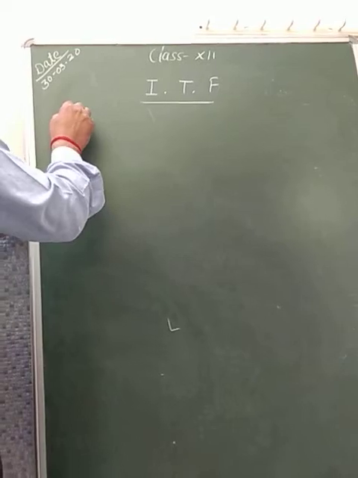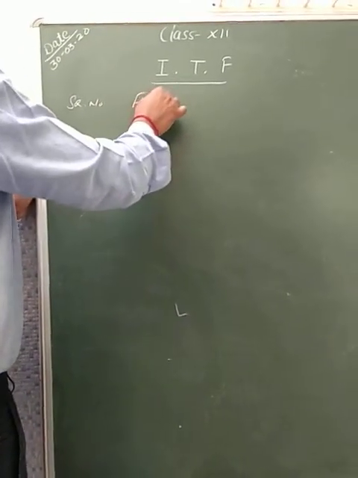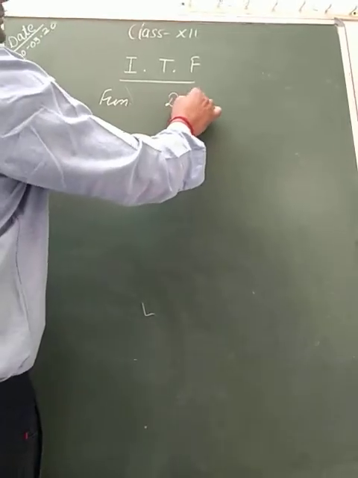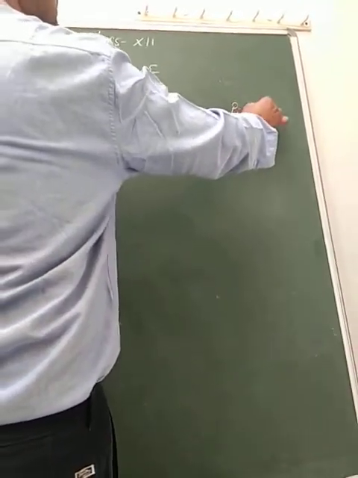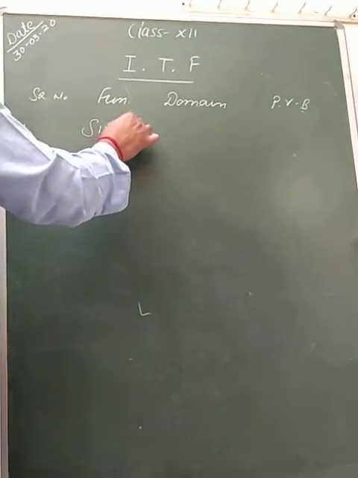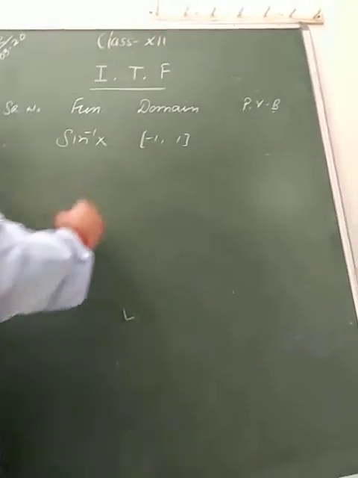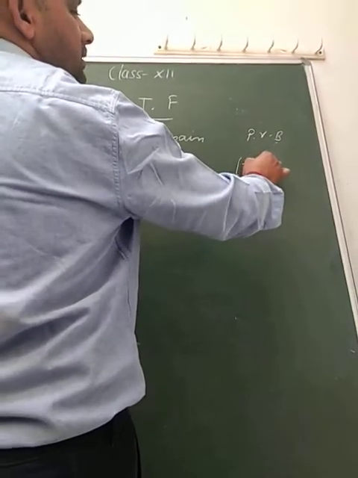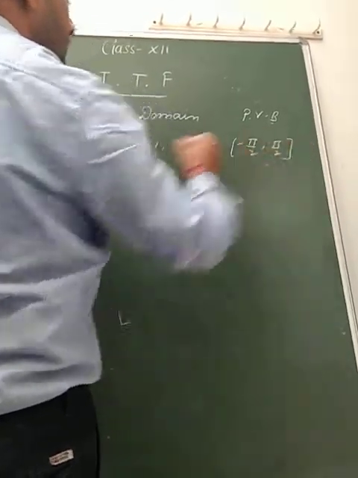First is sin inverse x. You know the domain of sin inverse x is minus 1 to 1, and the principal value branch is minus pi by 2 to plus pi by 2.